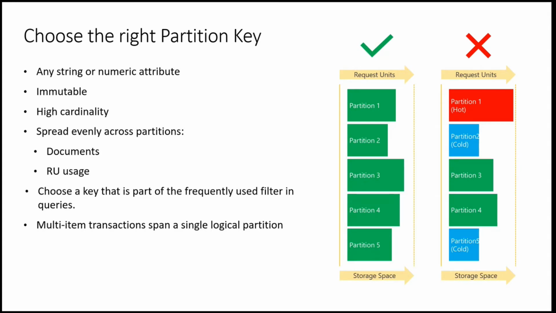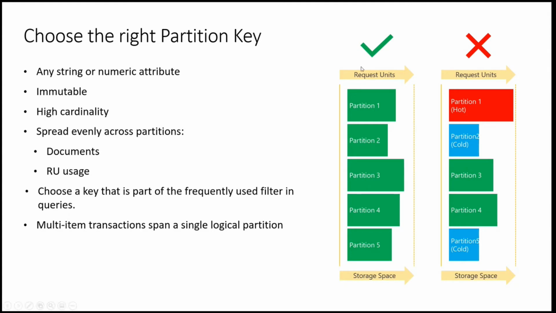It should have a high cardinality, which means you should have a good spread of values among the partition key that you choose, right? The documents that you are uploading to the workload should be evenly spread across these partitions that get generated with the partition key, both in terms of the throughput as well as the storage, right?